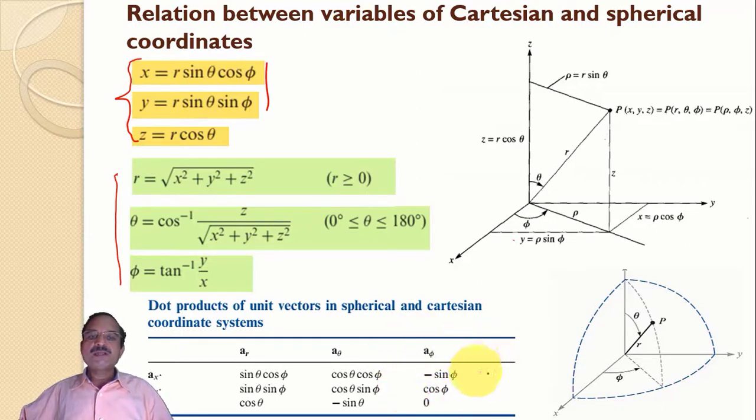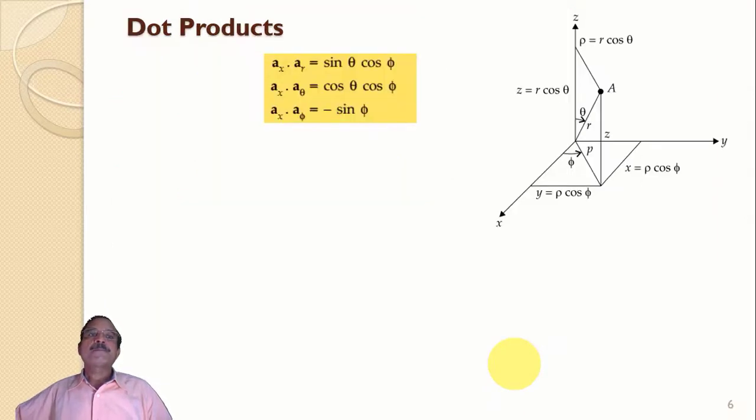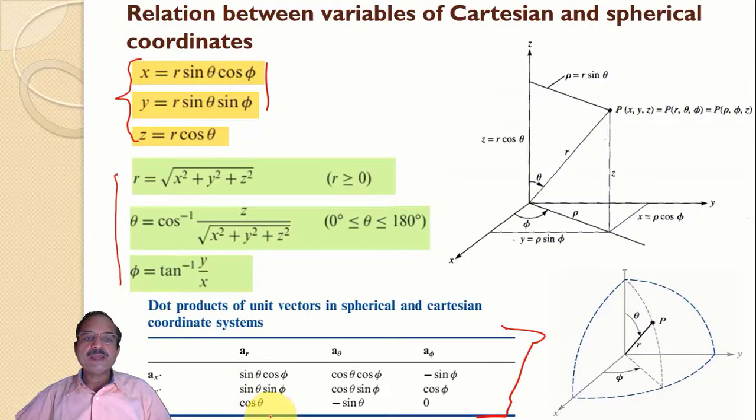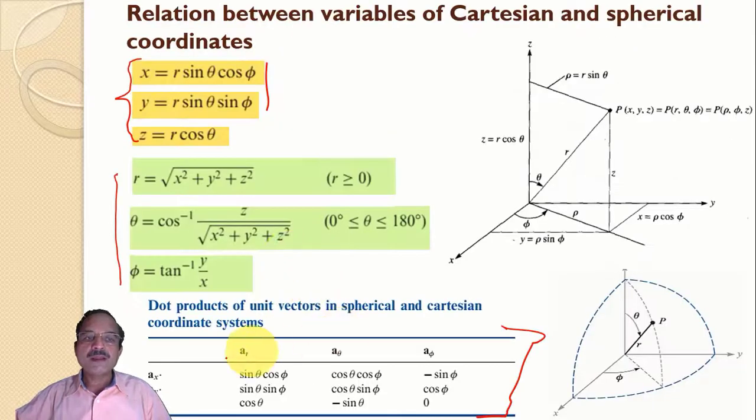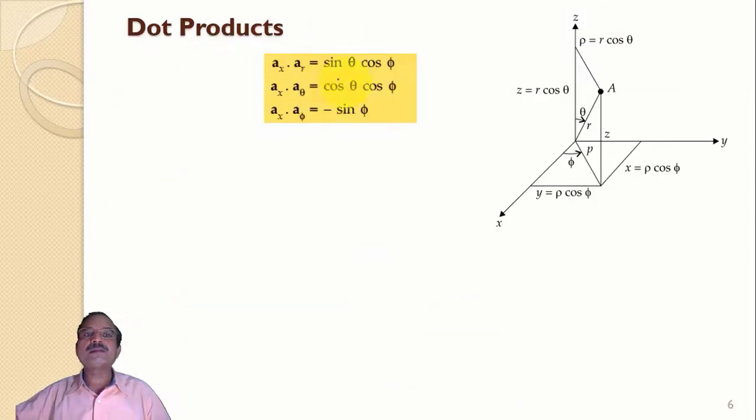This table will be very useful for us while solving problems to convert Cartesian to spherical or spherical to Cartesian coordinates. So the earlier relationships can be written as the same table: ax dot ar is sin theta cos phi, ax dot a theta is cos theta cos phi, ax dot a phi is minus sin phi.